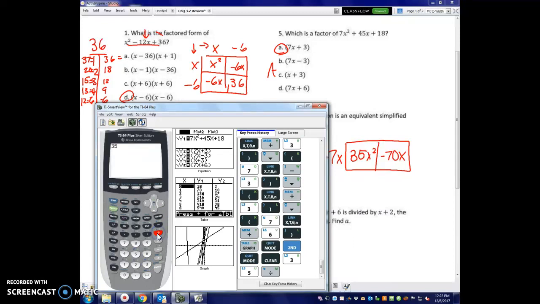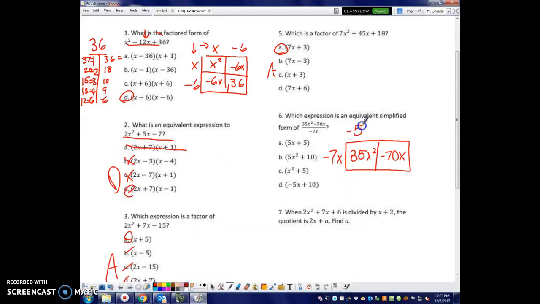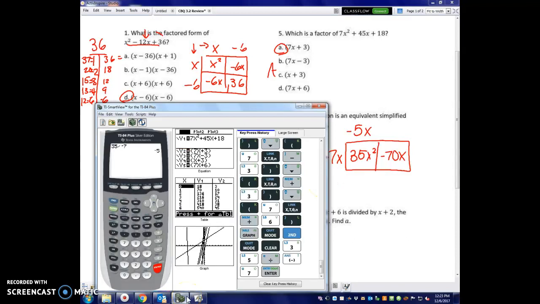35 divided by negative 7 is negative 5. And to double check, negative 5 times negative 7 is positive 35. Now, what times x will give you x squared? X. Okay. Next up, negative 70 divided by negative 7. Type it in if you're unsure.